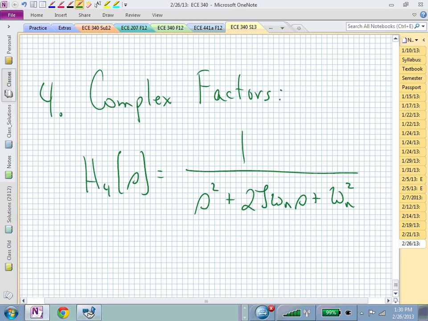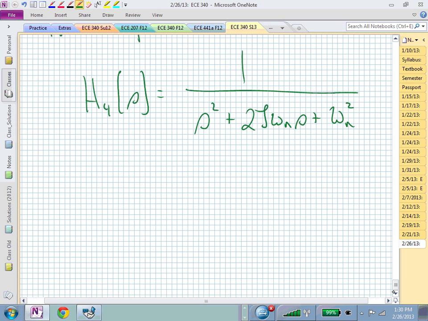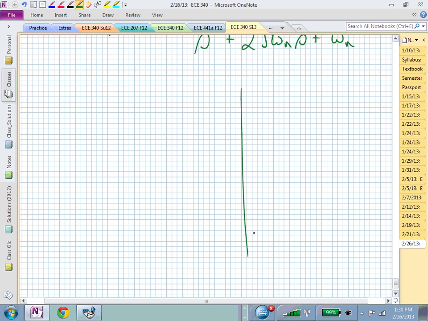If we now sketch that factor, or those two factors, in the complex s plane, let me see if I can sketch this. That's supposed to be a semicircle. Here is the imaginary axis.